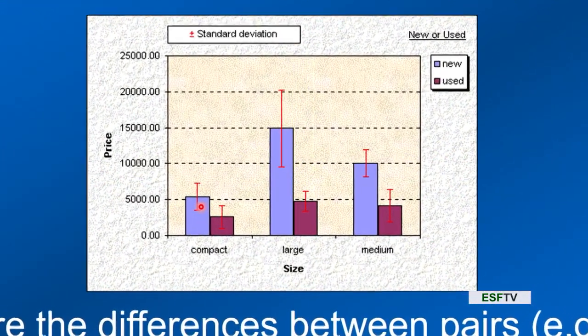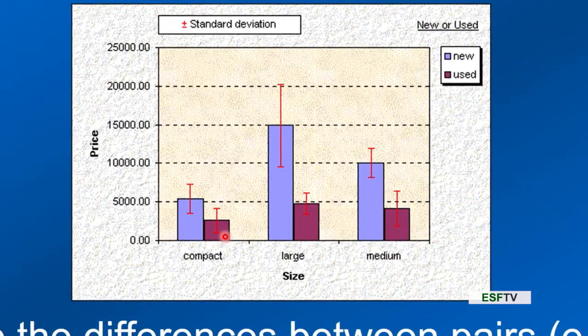As soon as you drive off the lot, you can't sell that for much more than $2,500. If it's a large car, obviously it's going to be worth more, and there's a bigger drop in value when you drive off the lot. I know compact cars are really cost efficient. And then there are medium cars that are somewhere in between. So this shows you the averages of each of those groups.